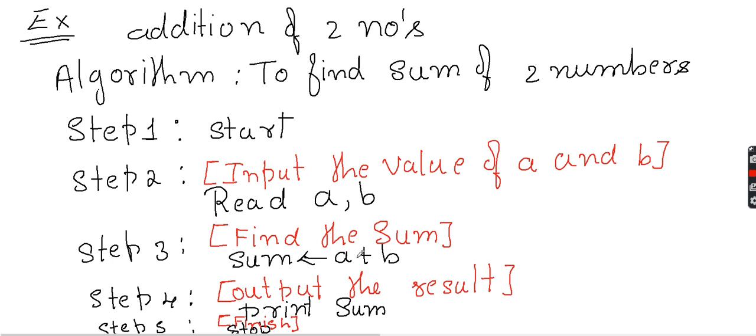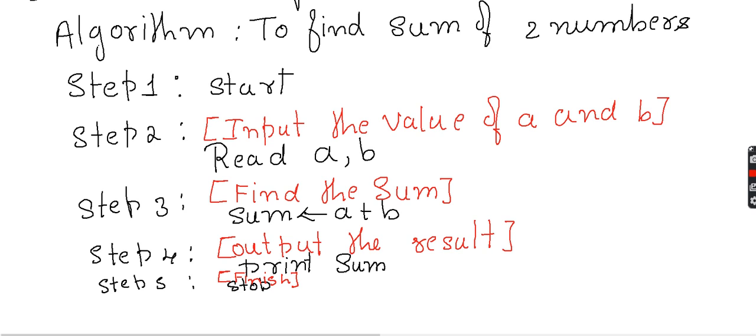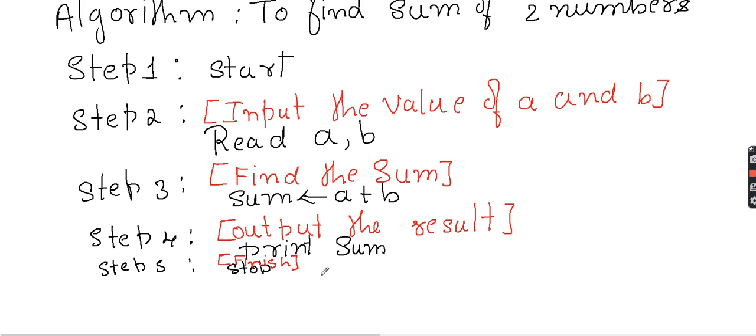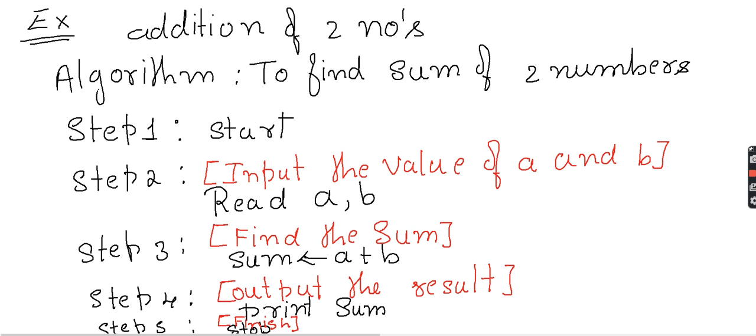Next is step 3. I'm performing the sum of a plus b and assigning it to sum, that is, finding the sum. Next is step 4: output the result, that is, printing the sum. Next is step 5: stop or finish, that is termination. So this is what an algorithm is about.